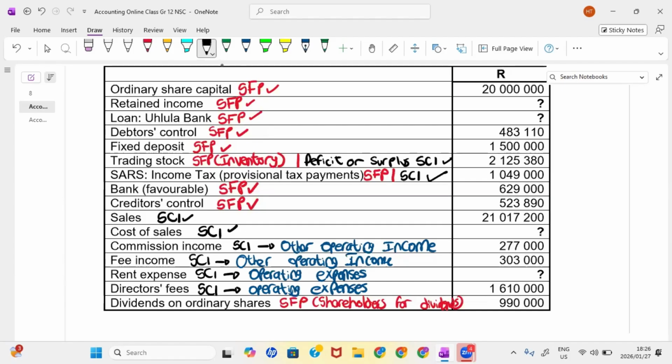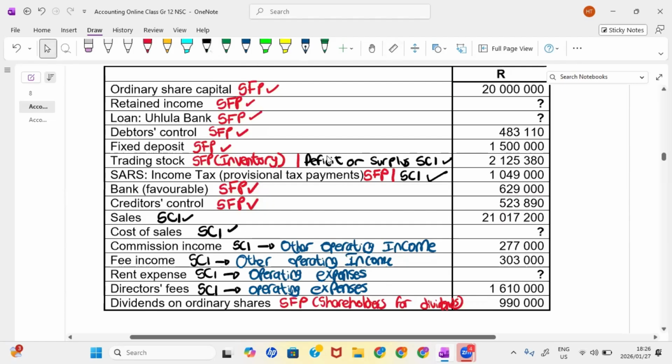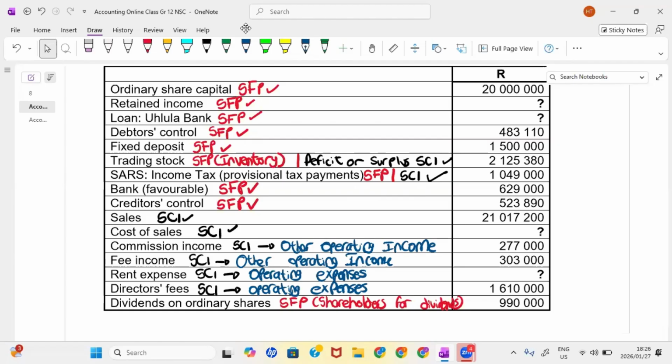Then we can have cost of sales, commission income, fee income, rent expense, and director's fee. So these are not the only things that go there. It's just that they are the ones that were mentioned here. There's more that can go there, but we are just dealing with what has been provided in this question.